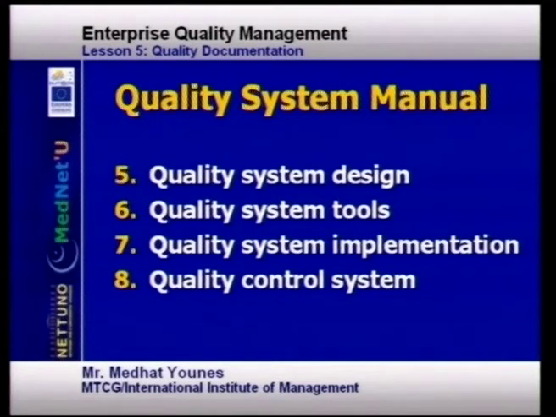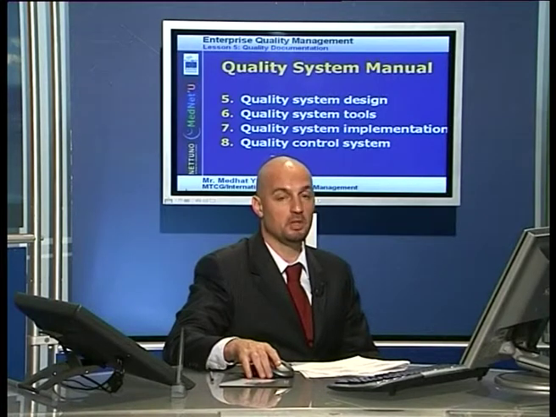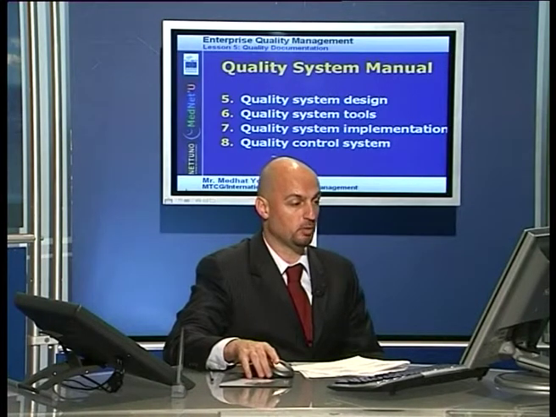The sixth chapter or sixth sub-document is quality system tools, and that includes equipments and IT tools you use to measure quality and report on.